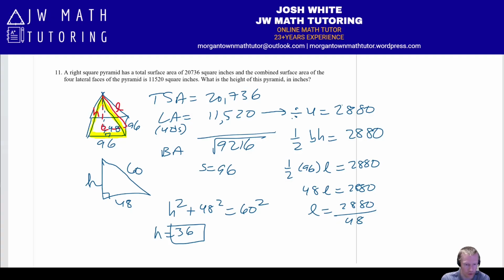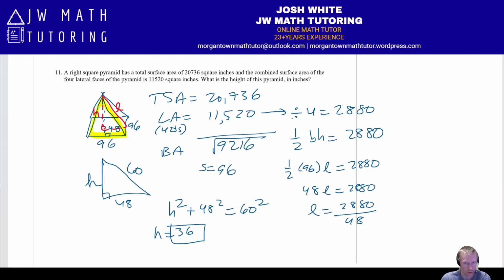And just to, again, briefly review, you take the total overall surface area, you subtract from that the lateral surface area, that gives you the area of just the base. You square root that in order to find the length of the side for each base, because it's a square. Then you take the area of one triangular face, which is the lateral area divided by 4.